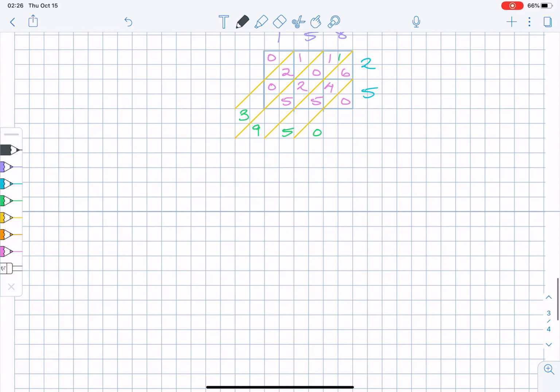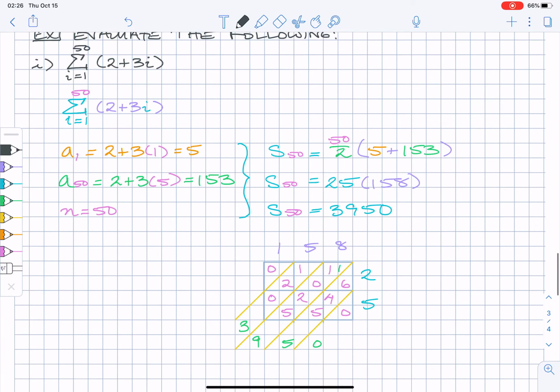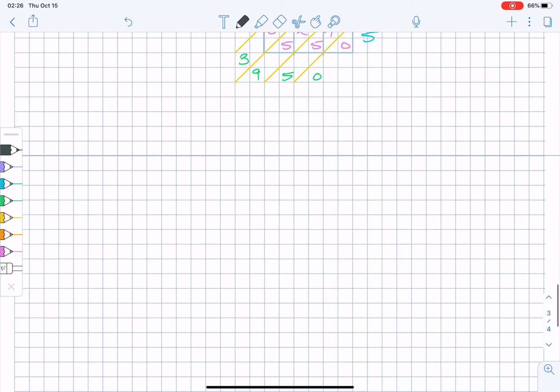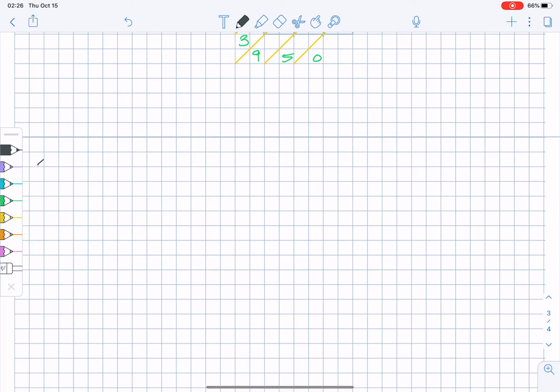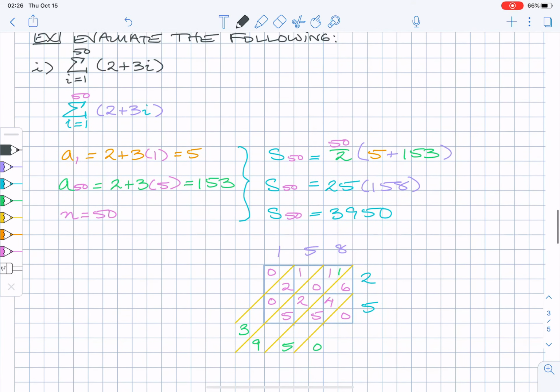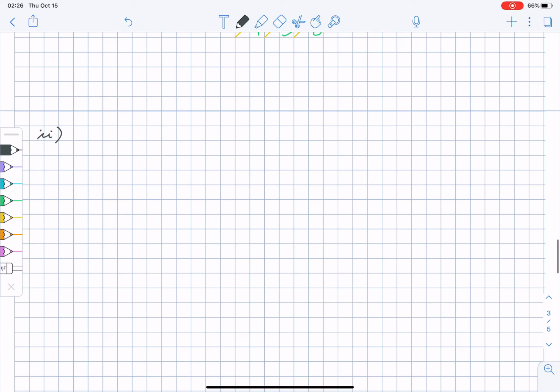Okay, let's do another one. Do we have enough room? Yeah, I'll just go to the next page. So number 2. So let's say we have the sum, sigma, as my index counts from 1 to 100, of 4 minus i.